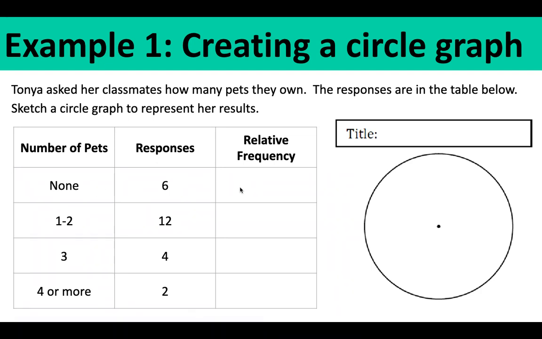So for this category of none, we could do in our calculator 6 divided by 24, and then multiply that by 100 to get the percentage, which would give me 25%. So 25% of the respondents, of the classmates, have no pets. For 12, again, we're going to do 12 divided by 24, and then multiply by 100 to get the percentage.